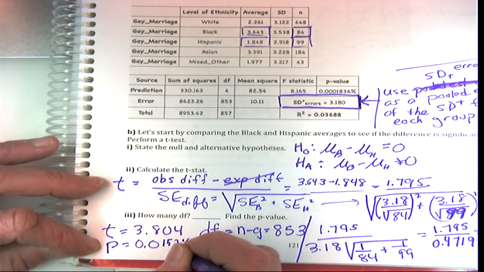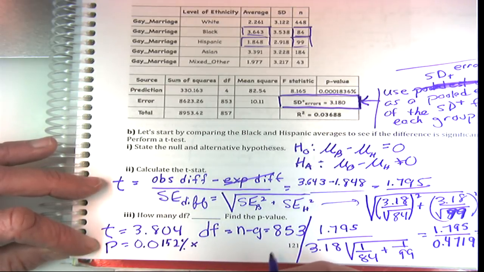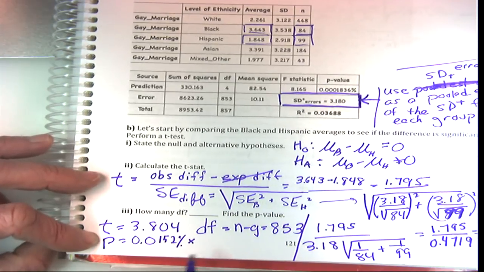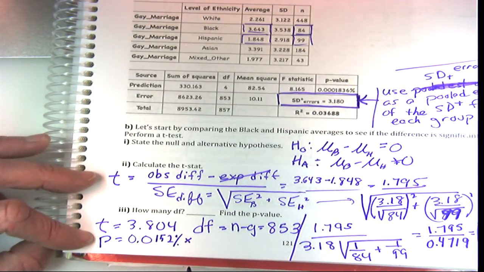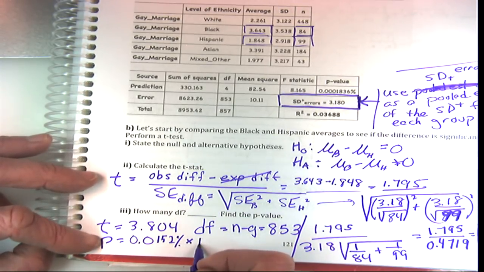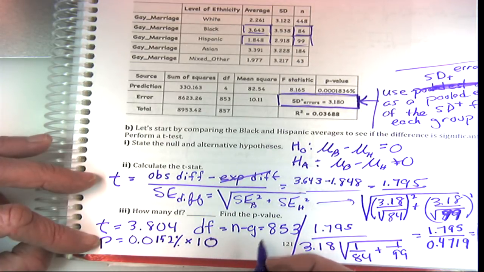But now what do I have to do? I have to multiply it by the Bonferroni correction. This is where I have to say, okay, that's really a bogus p, because I really made 10 comparisons. So I have to multiply it by 10. I mean, I cherry-picked 1 out of the 10.